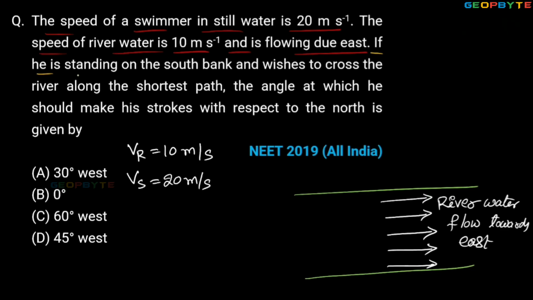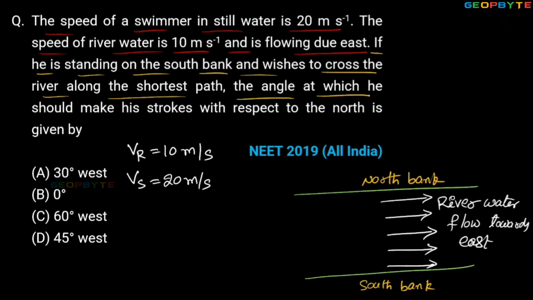If he is standing on the south bank, this is the south bank, and wishes to cross the river along the shortest path, means towards the north bank.